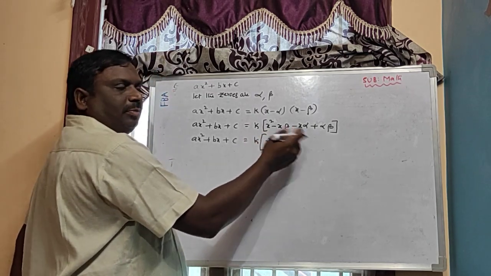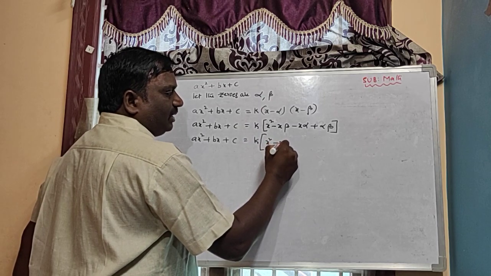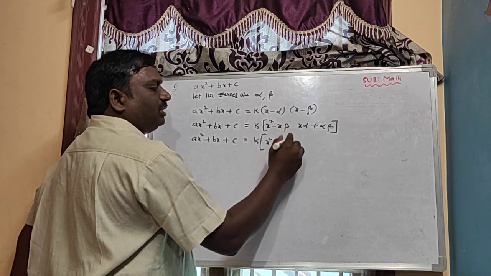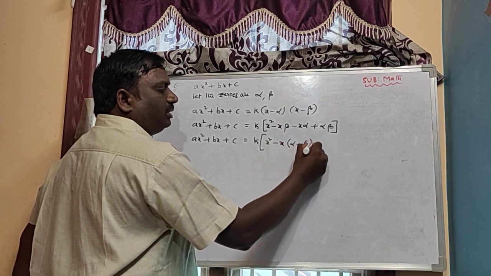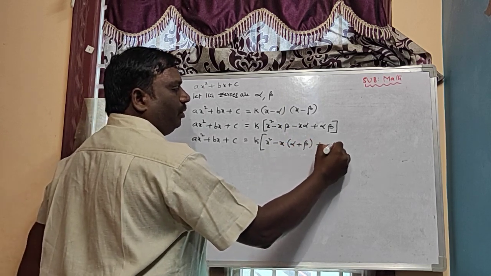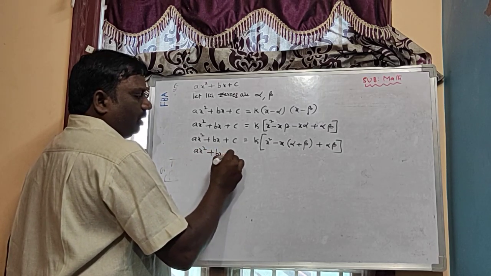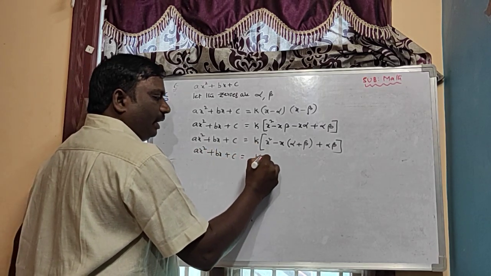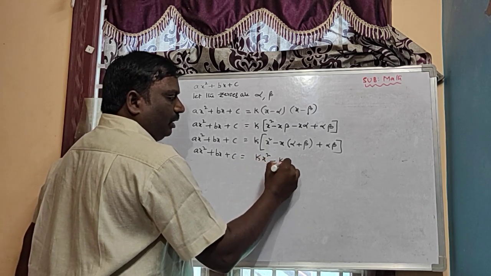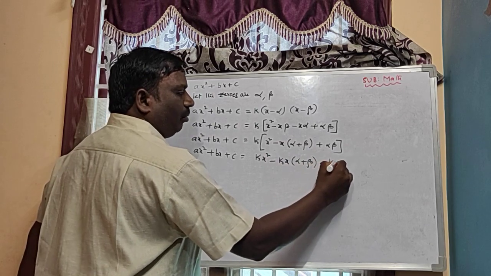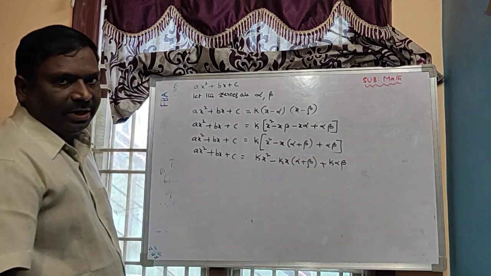From these two terms take minus x as common, then beta plus alpha, that is nothing but alpha plus beta, plus alpha into beta. Ax square plus bx plus c equals kx square minus kx into alpha plus beta plus k alpha beta.